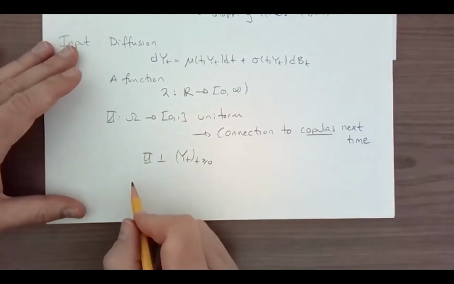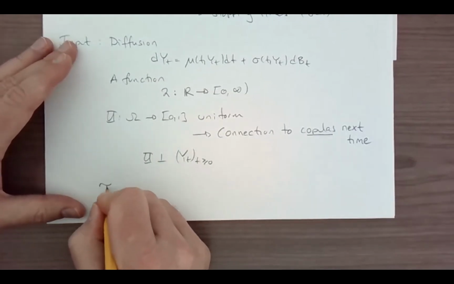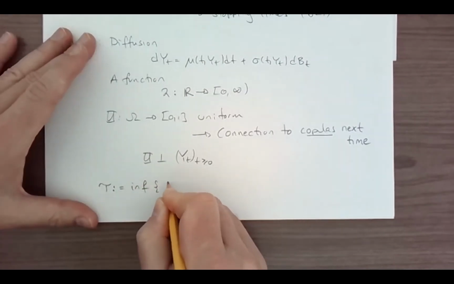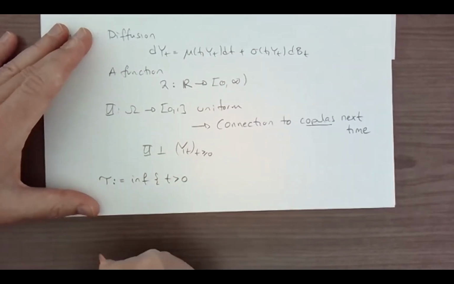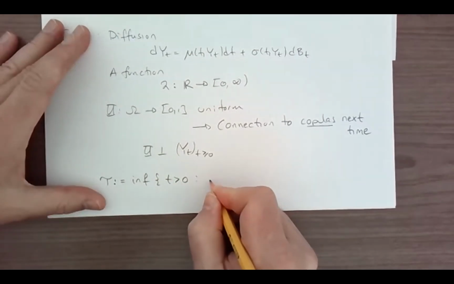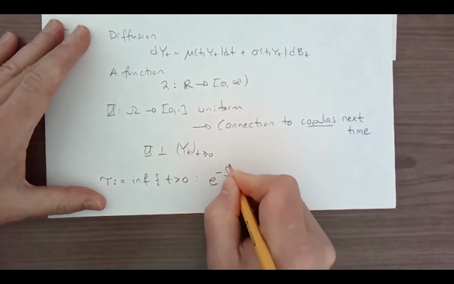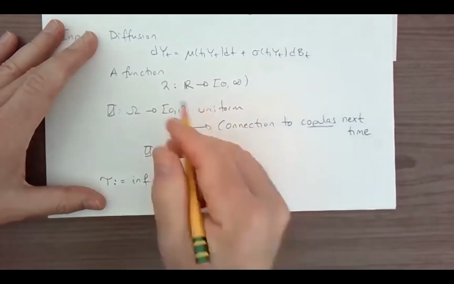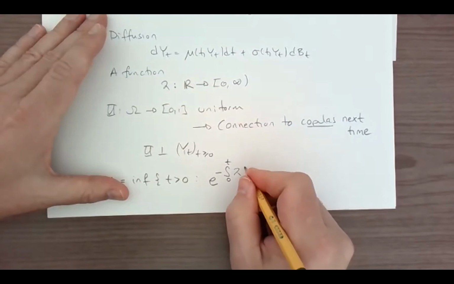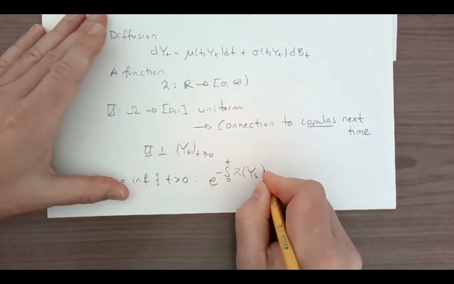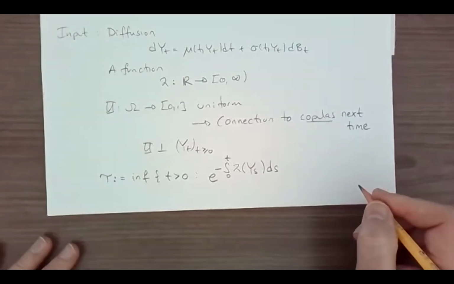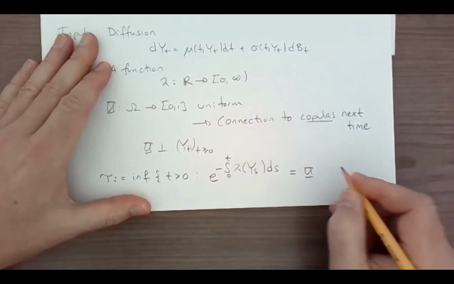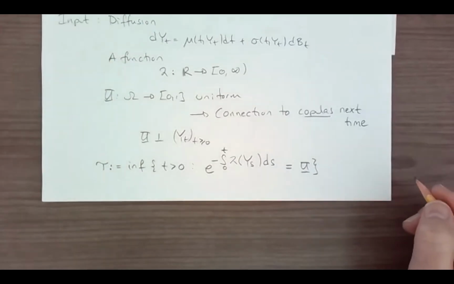And then we will look at an object tau. This is going to be the first time where this integral, an exponential of an integral from 0 to t, of the function lambda, you plug Y into it, lambda of Y_s ds, is the first time that this becomes U. So that's the construction.